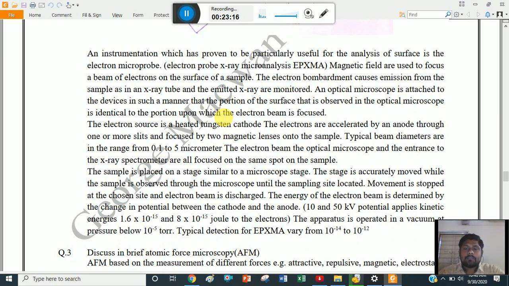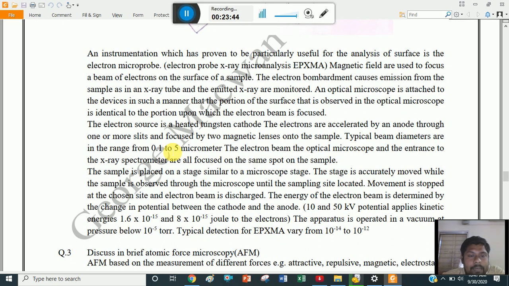That is the arrangement. The electron source is a heated tungsten cathode. The electrons are accelerated by the anode through one or more slits and focused by two magnetic lenses on the sample. These condenser lenses focus the beam of electrons towards the surface of the sample.